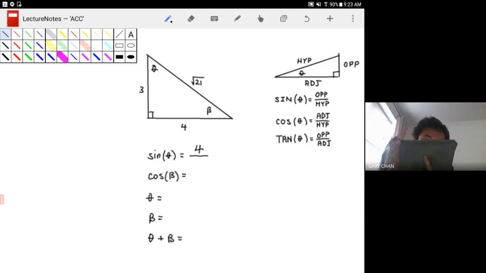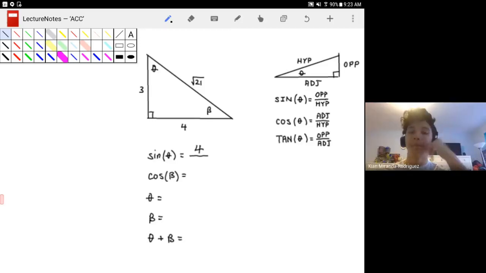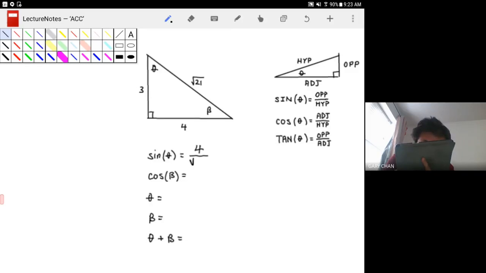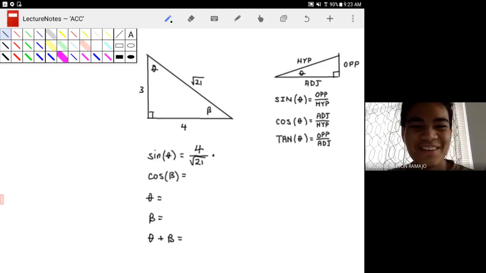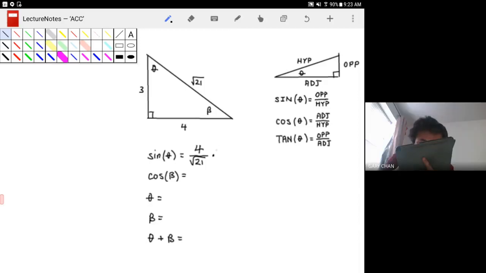Kian, which side is the hypotenuse in this case? Radical 21. And then we're going to rationalize this. Michael, how do we rationalize? We rationalize by multiplying the top and bottom by the denominator.